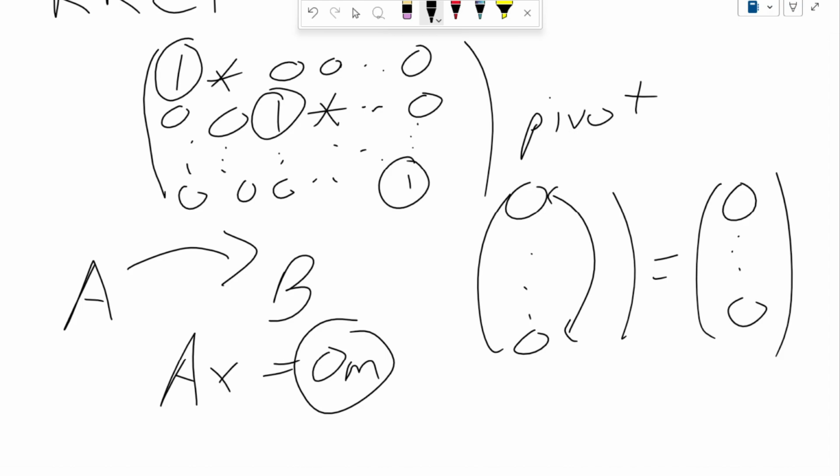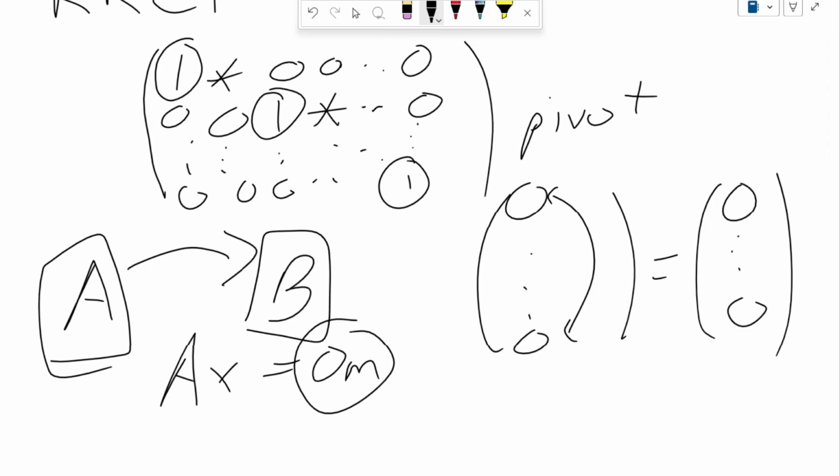If I multiply any row, it's still 0. If I add any row to any other row, it's still 0. So we don't even need to form the augmented matrix to solve the null space equations. We just need to get A into reduced row echelon form. In particular, this matrix A and this matrix B have the same exact null space.